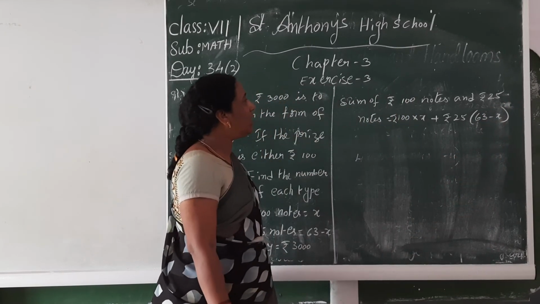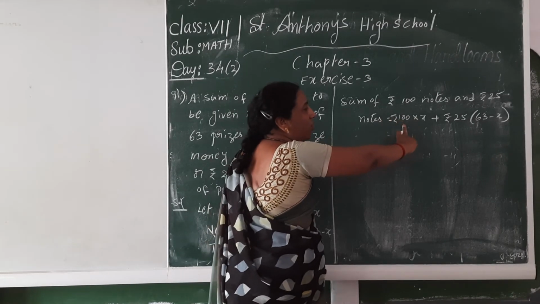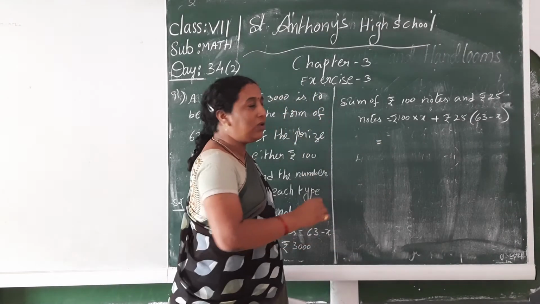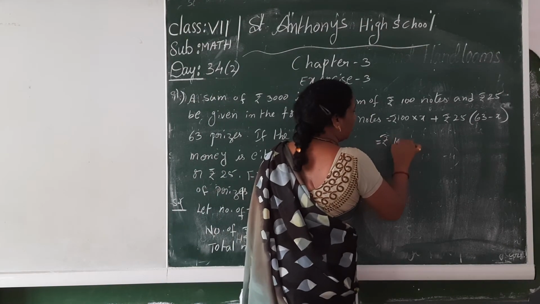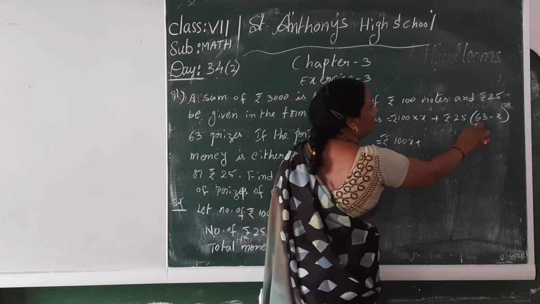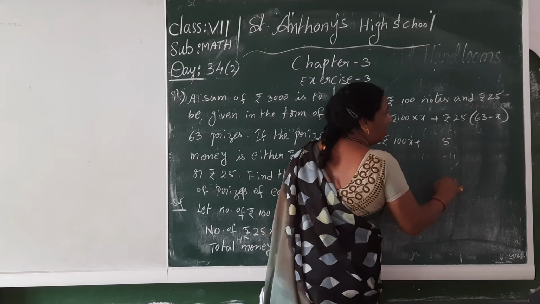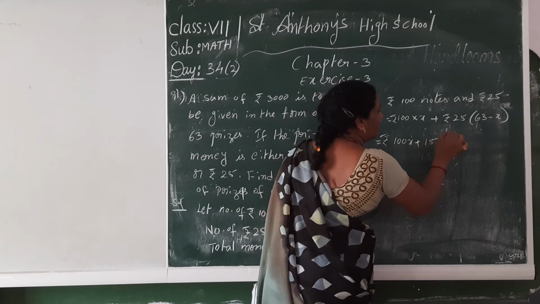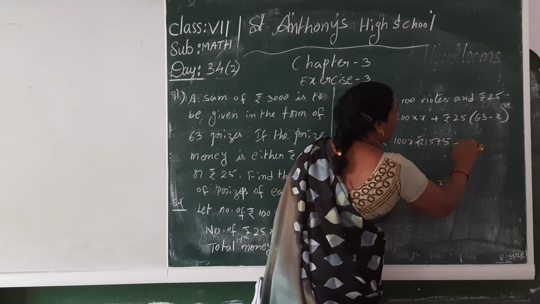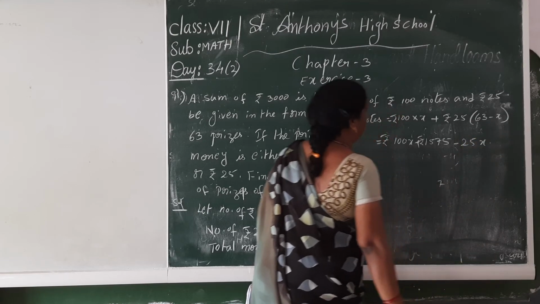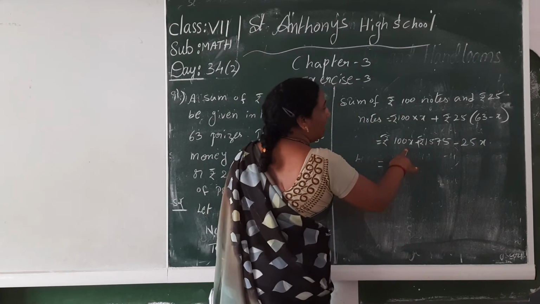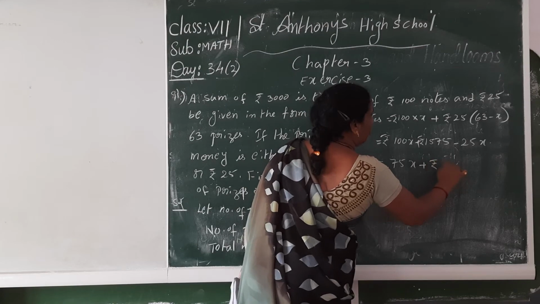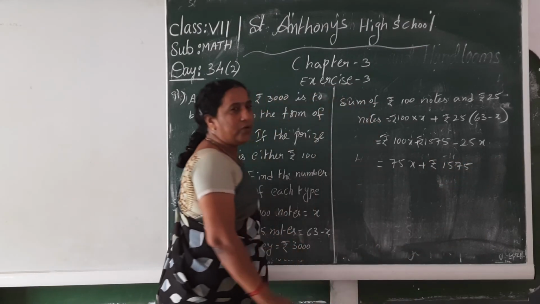Now 100 into x is 100x, and 25 into 63: 3 5s are 15, 5 and 1 carry, 6 5s are 30, 31, 25 into 63 is 1575. And minus 25x. 100x minus 25x is 75x plus 1575 rupees.